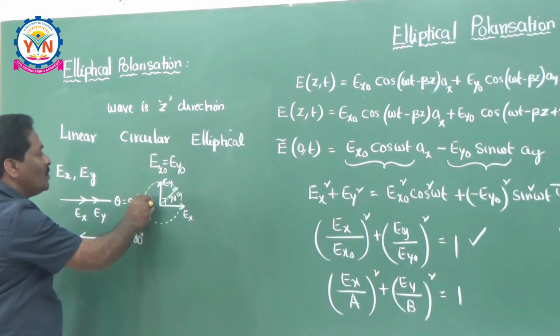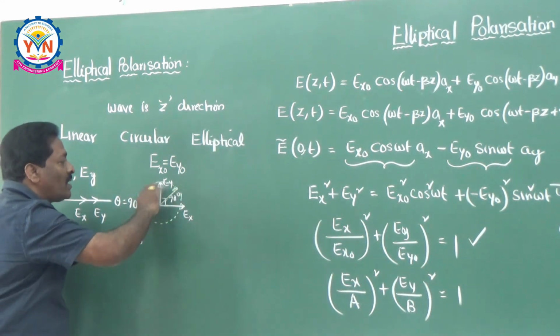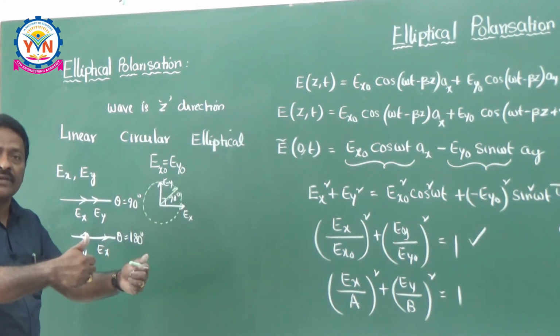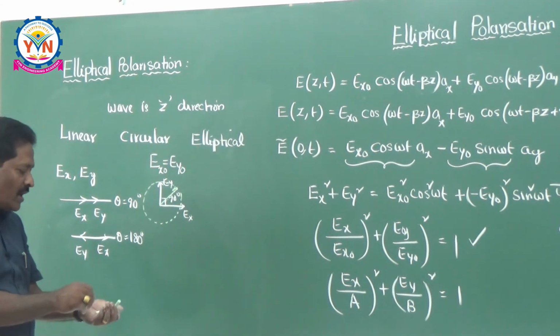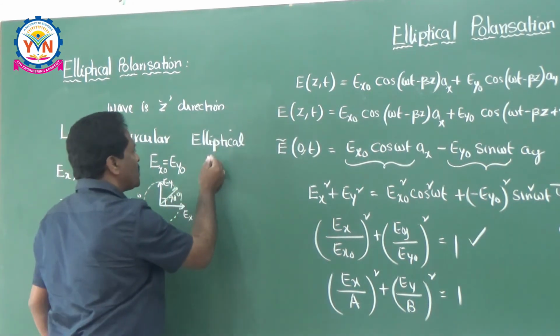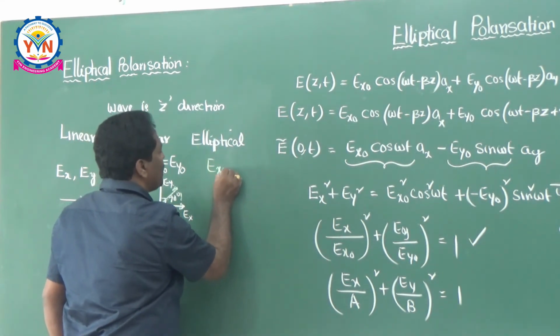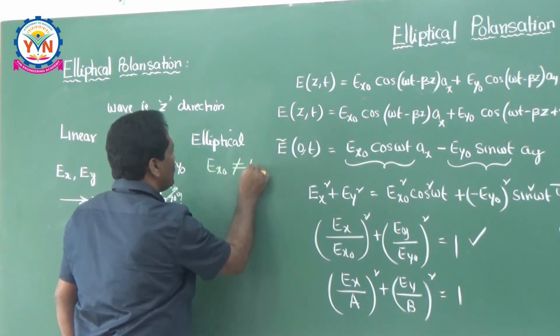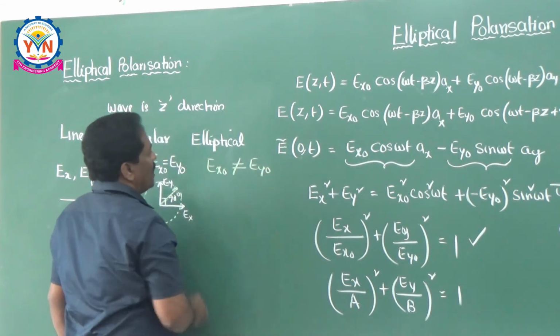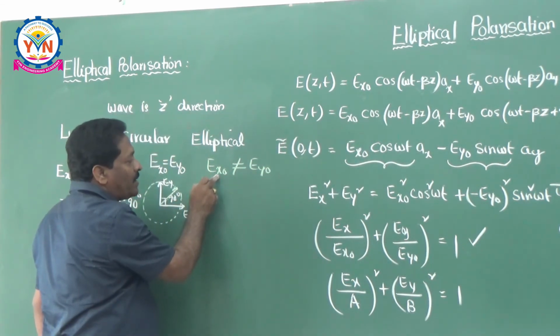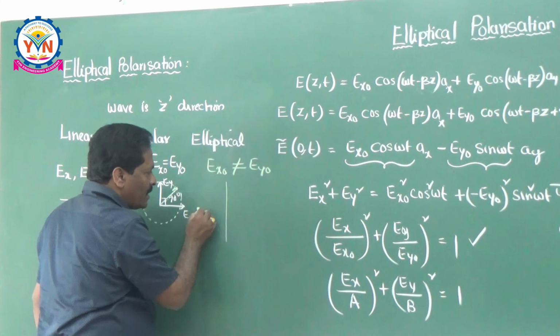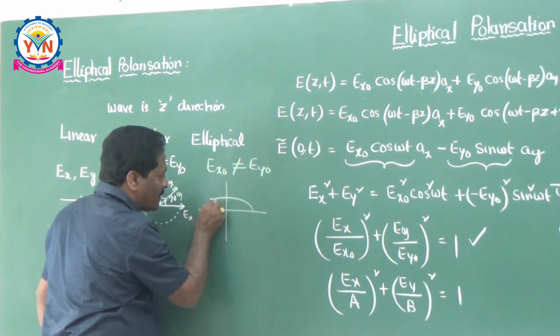I already told you how to identify the left circular or right circular also by using our hands. And the third one is elliptical polarization. In elliptical polarization, Ex naught is not equal to Ey naught. And if Ex naught is dominating, then I can say the elliptical polarization comes into the picture like this.